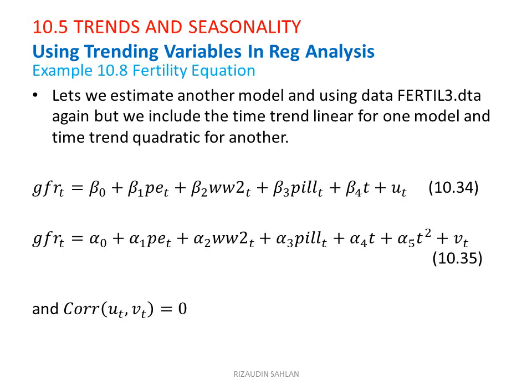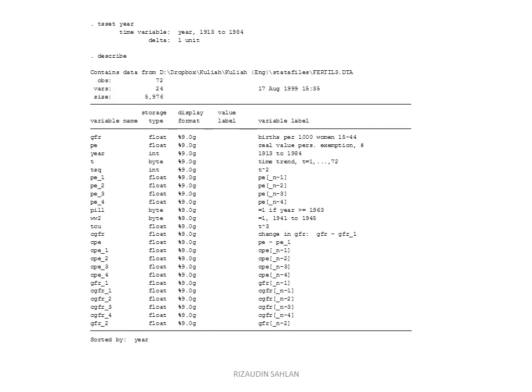Let's use another example. For this new example, we use the fertility data, but we include the linear time trend as in equation 10.34, and the other is the quadratic time trend as in equation 10.35. And this shows the variable content in our data.